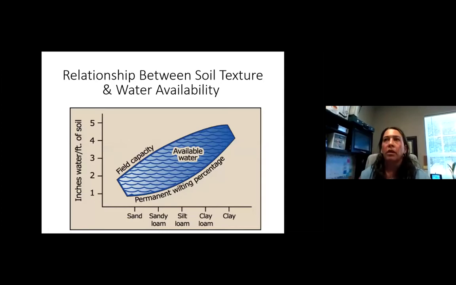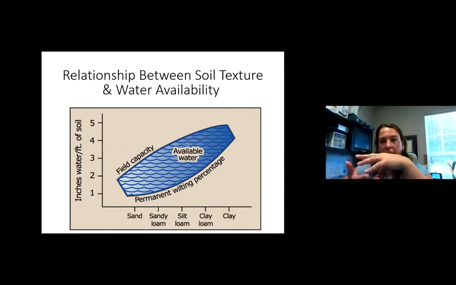So soil texture affects the soil's ability to hold on to water, and especially clay, because clay has a lot of surface area. It has an ability to really hold on strongly to water.